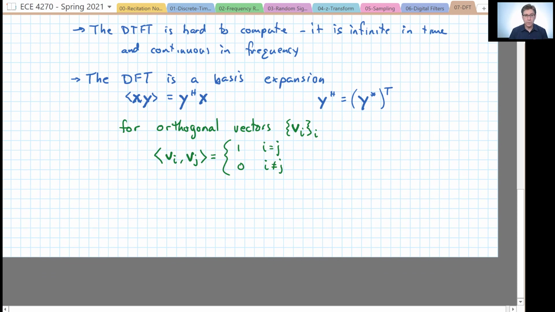So we're going to define a set of vectors V as follows. I think I'm going to have to go on to the next page to make this fit. Okay.